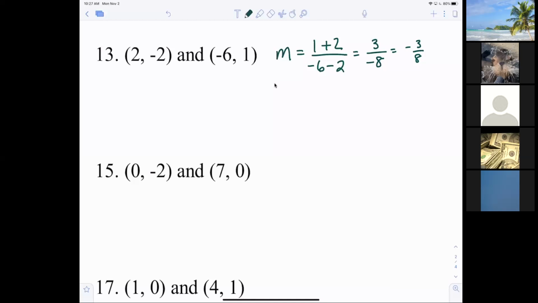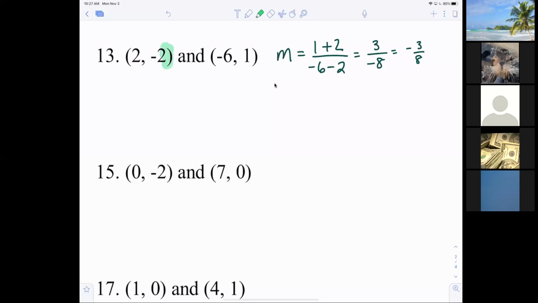All right, now we have a what? Point and a what? Slope. So most people were able to do this on the test, so this shouldn't be an issue. Nothing new here. We're learning nothing new so far. So let's write the equation.